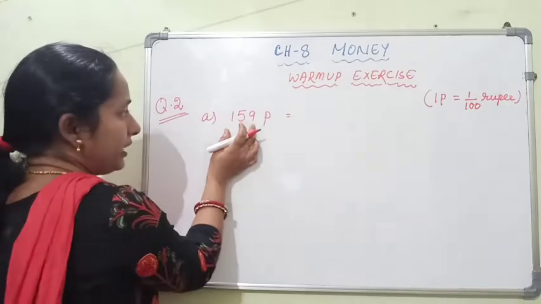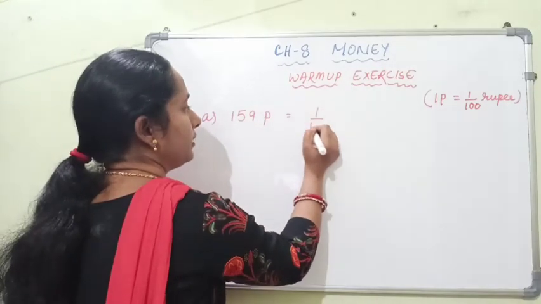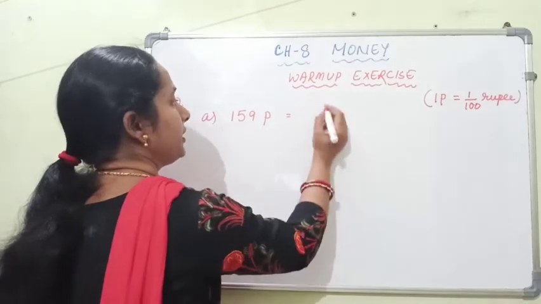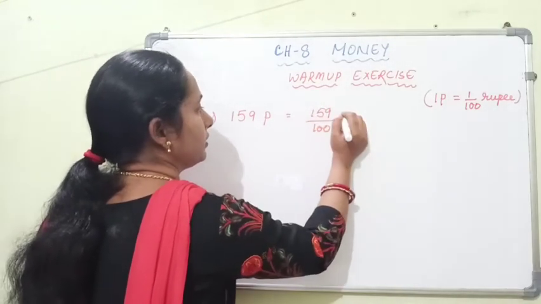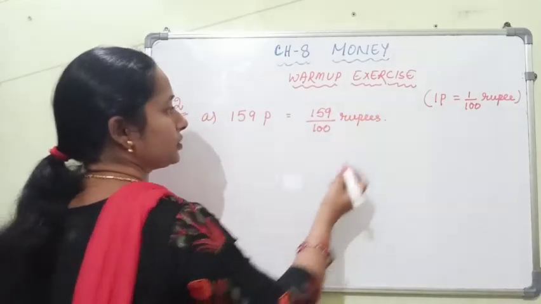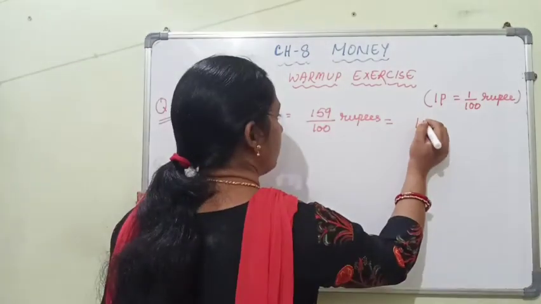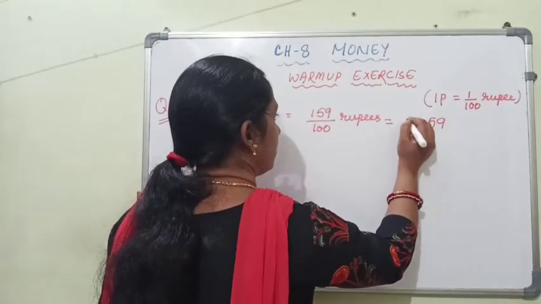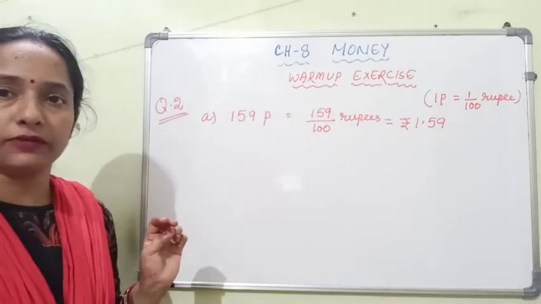Then 159 paise will be equal to 159 by 100 rupees. Okay, so when you convert this into decimals you get 1.59, where we have to represent this with the rupee symbol. Okay, this is your conversion.